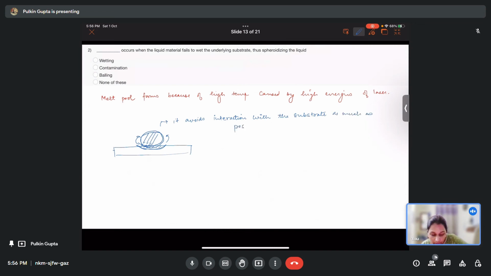That is, it doesn't wet the substrate. So hence it makes a ball-like structure, which is the sphere of the liquid, and hence this effect is known as balling.